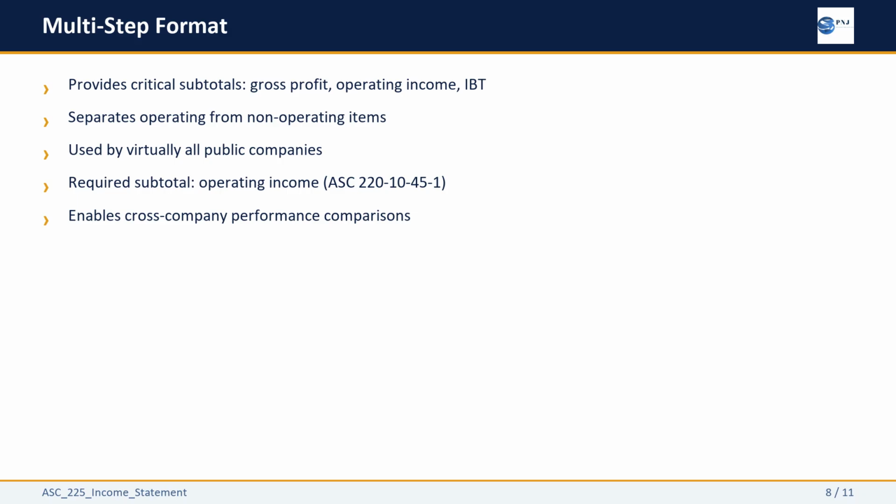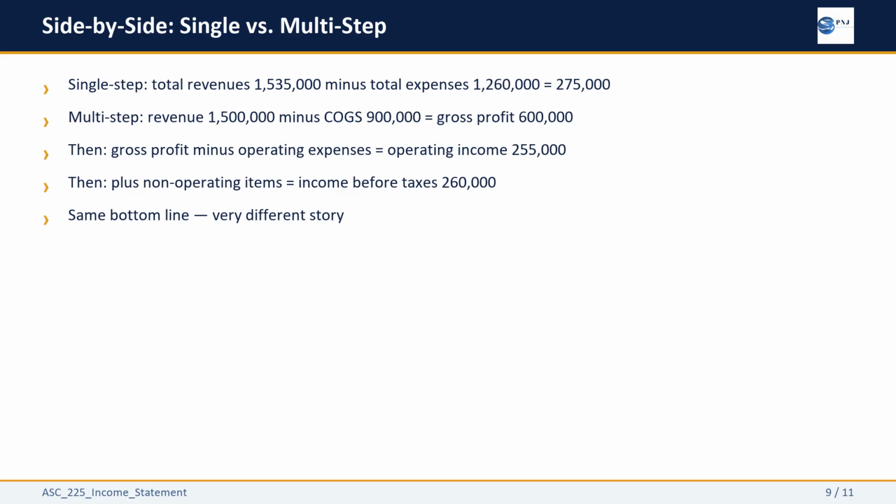multi-step format. Look at these two formats side by side. Both arrive at the same net income of $275,000, but the single-step version gives you almost no information about how you got there. The multi-step version tells a story.